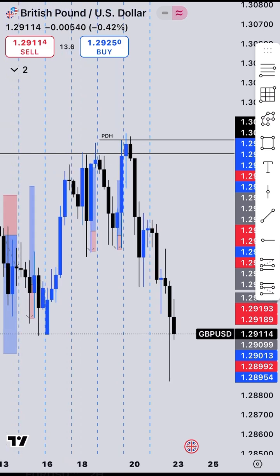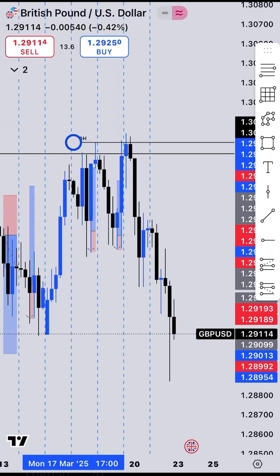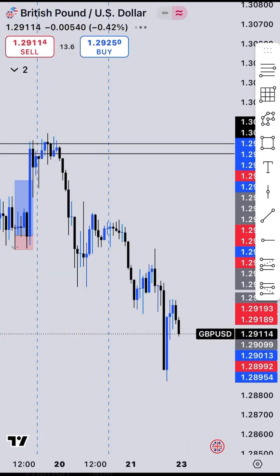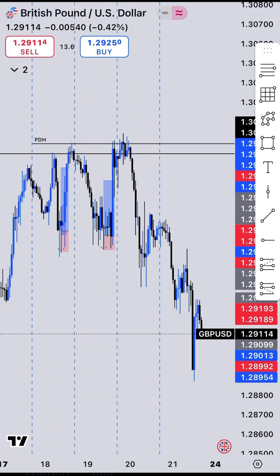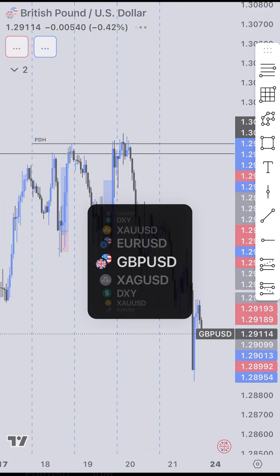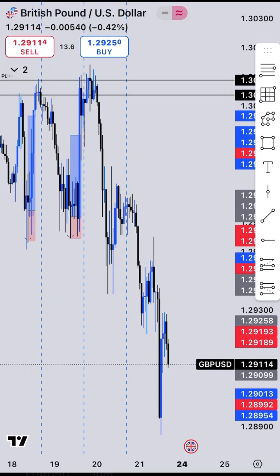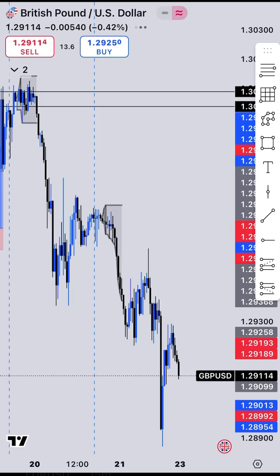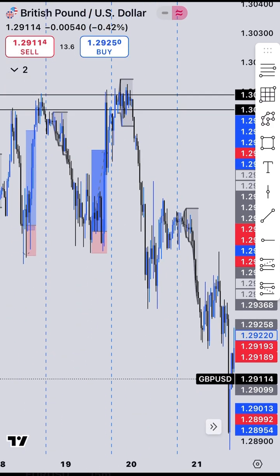So that was why I had to wait till New York session to execute my trade. I was supposed to go to the 1 hour time frame to take my trade, but I did not do that, because it's New York session already.